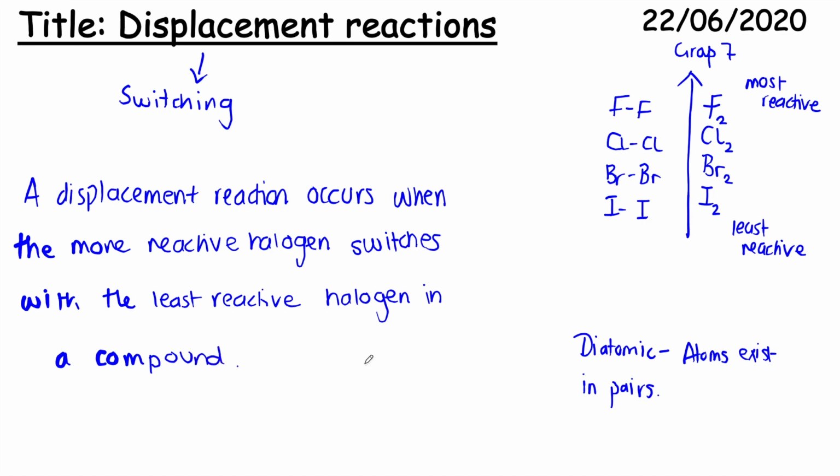The displacement reaction is when the more reactive halogen switches or displaces the least reactive halogen in a compound. And we're going to have a look at some examples of these.